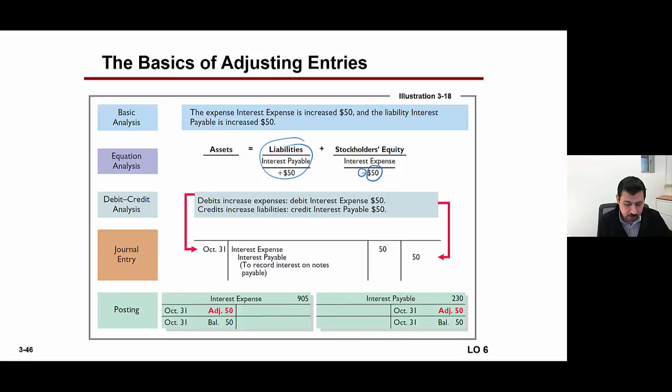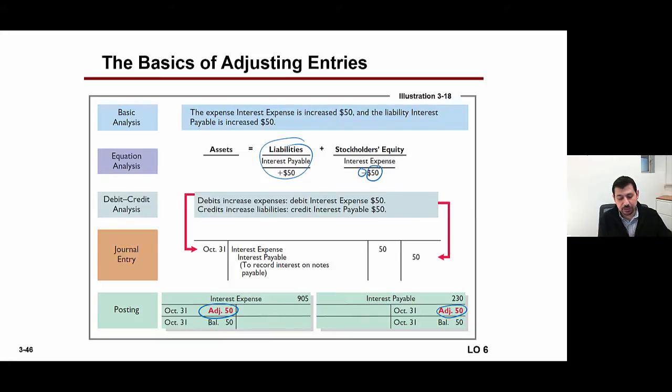And in the adjustment, we have debited the expense account and credited the liability account. Here the interest expense is basically the interest charges for the month of October. The interest payable is the charges at the date of the statement, and this is the liability, the obligation that the company has now.